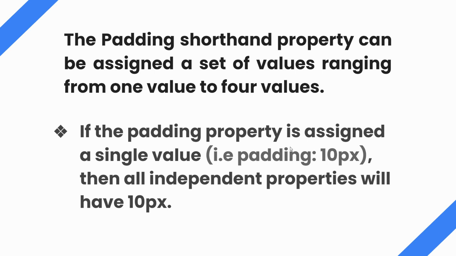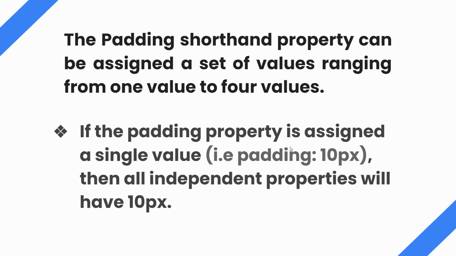So for now, the one we are conversant with is the one with one value, which is what we used in last week's class. If the padding property is assigned a single value, that is, padding is 10 pixels, then all independent properties will have 10 pixels. We saw this in the last class when we assigned padding a single value of 50 pixels.